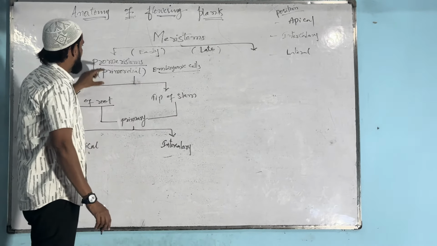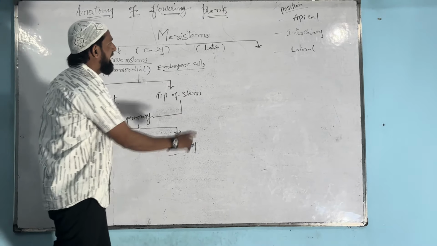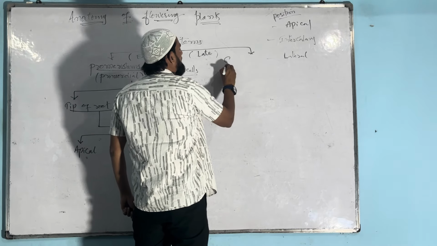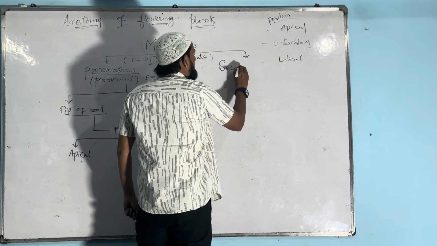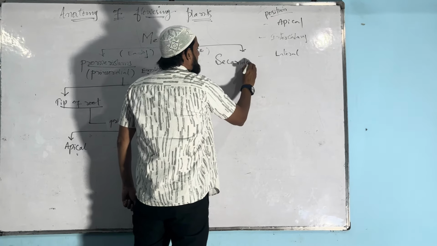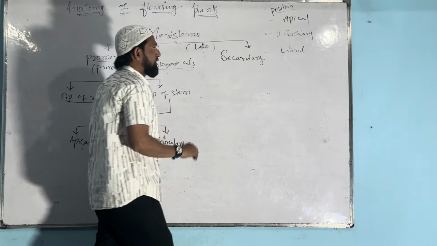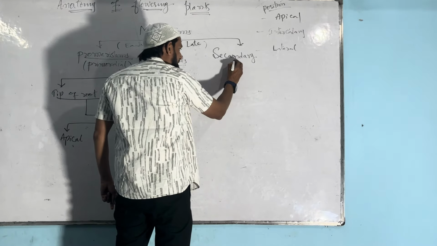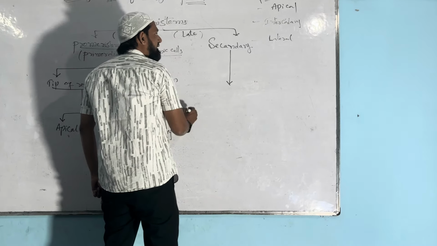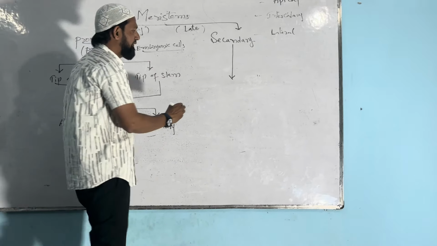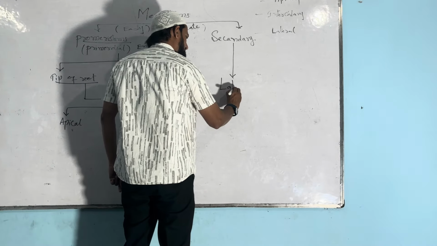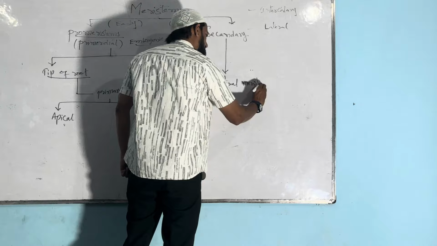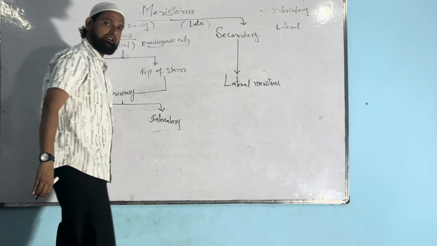So see here, promeristem is one, and the second one is the late formation of the meristems, the secondary meristem. So the third word, lateral meristem based on position, comes under the secondary form. So finally, what are we getting?